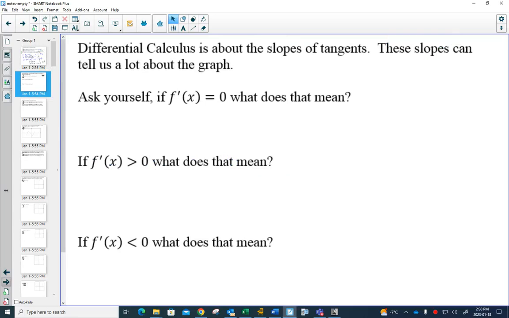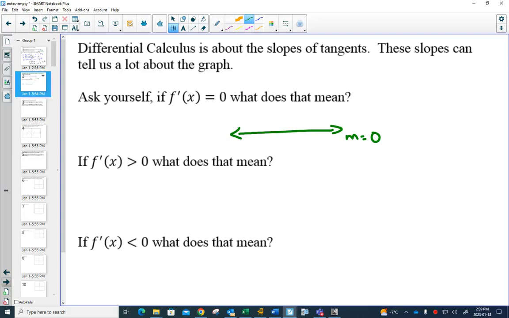Awesome. So, we do an analysis of what we have happening with our derivatives. If the derivative is equal to 0, that means you have a tangent line that is flat.